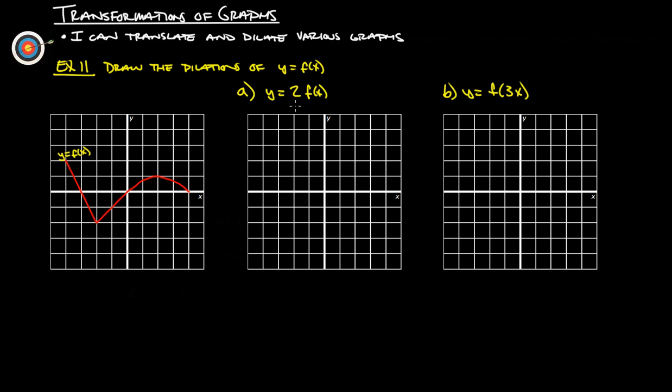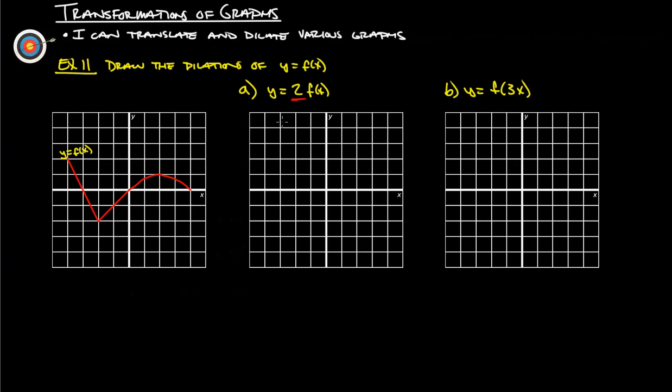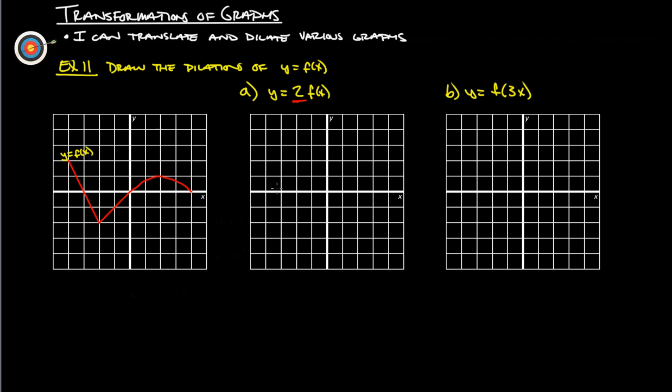So now since this is a 2 here, it now gets doubled. So instead of just going up 2, now it goes up 4. And then this point over here to the left 1, 2 goes down 2. So instead of going down 2, we're going to double that. So now it goes down 4. The 0 stays right there at the same spot because 0 doubled is still 0.